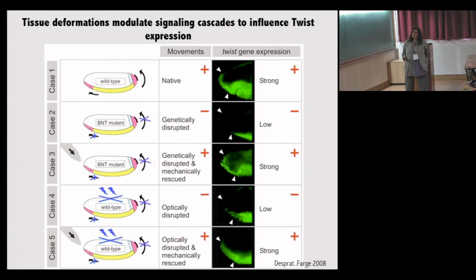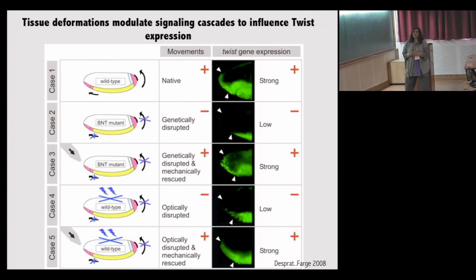And I showed you some experiments that showed that if you apply force on embryo using either magnetic tweezers or a micropipette, you could actually rescue or reinstate gene expression that had been lost in genetically perturbed embryos, suggesting that in this process, mechanical cues can trigger gene regulatory networks, right?